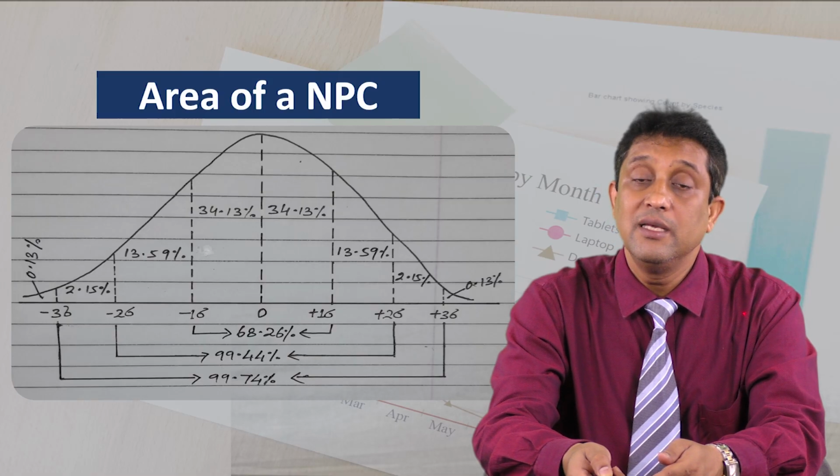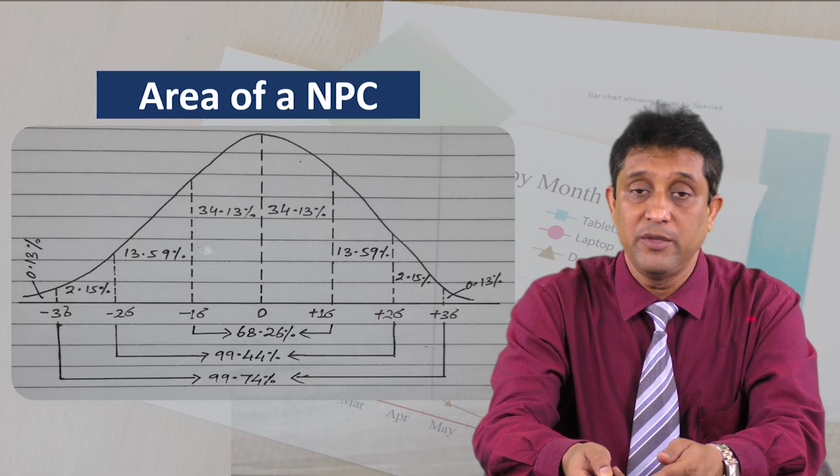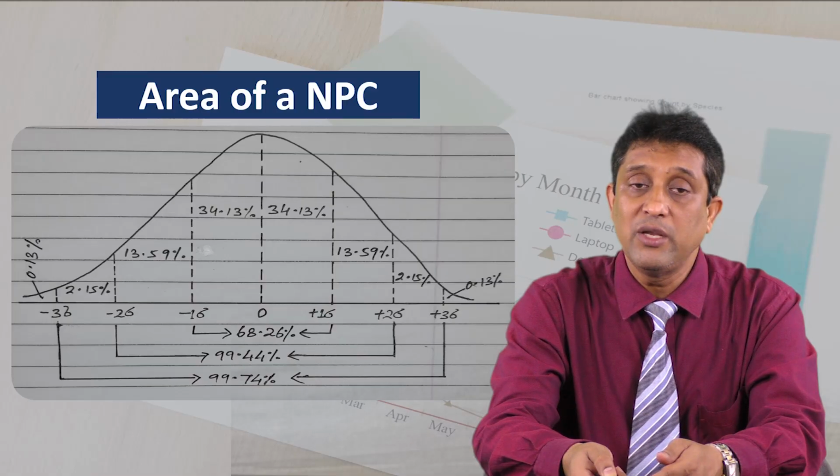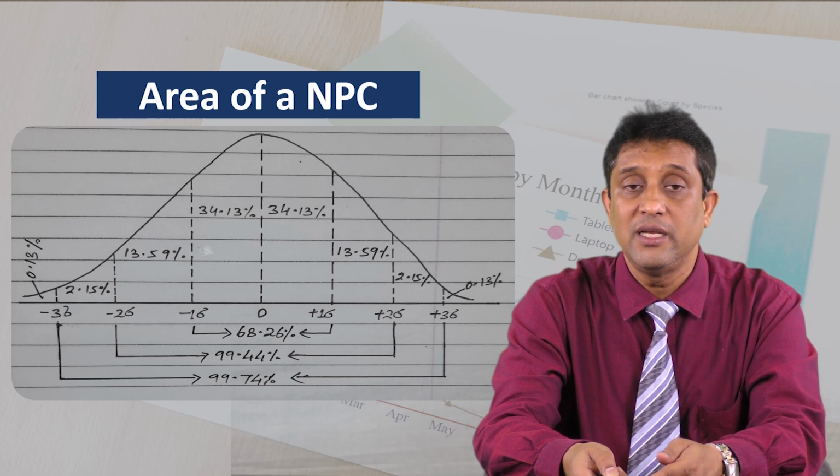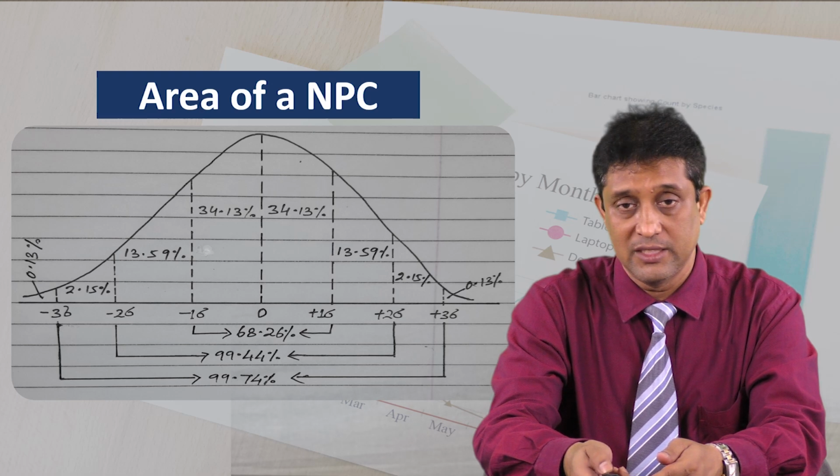Accordingly it is the same on the negative side: from 0 to -1 it is 34.13 percent, -1 to -2 it is 13.59 percent, and from -2 to -3 it is 2.15 percent.